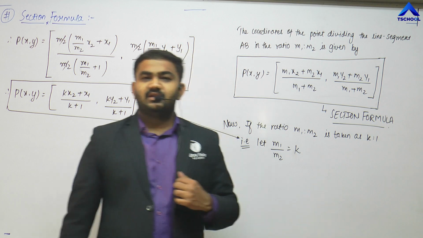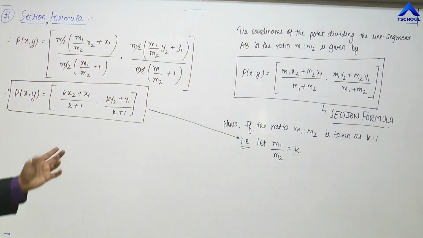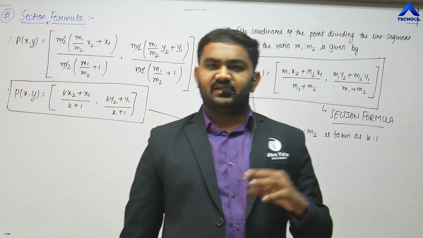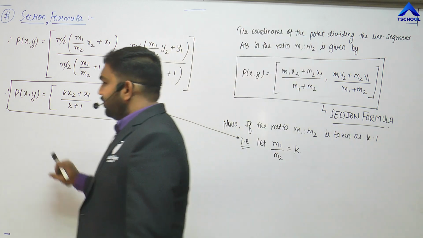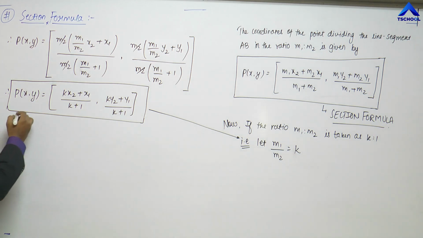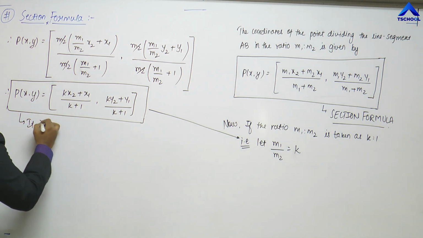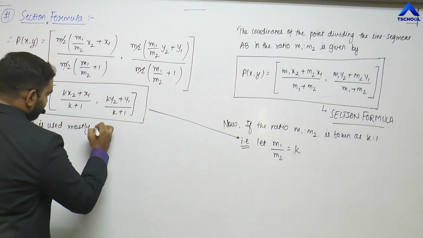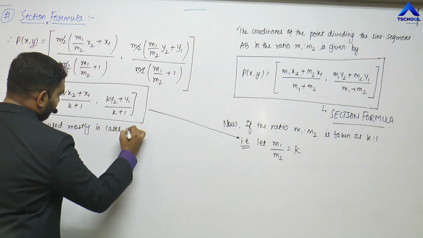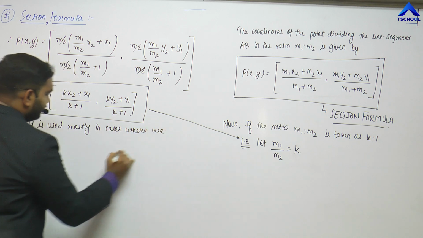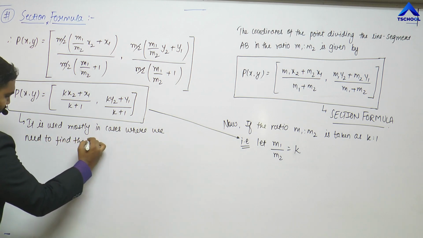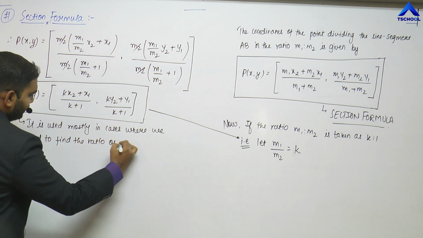That means the denominator is already 1, right? This formula can basically be used whenever you need to find out a point which is lying either on the x-axis or y-axis, or whenever you need to find out the ratio. It is used mostly in the cases where we need to find the ratio of division.